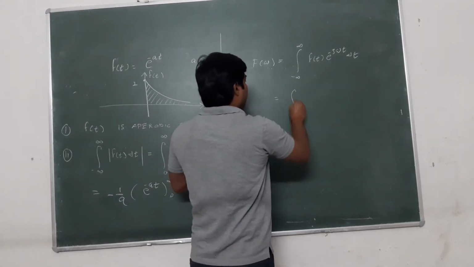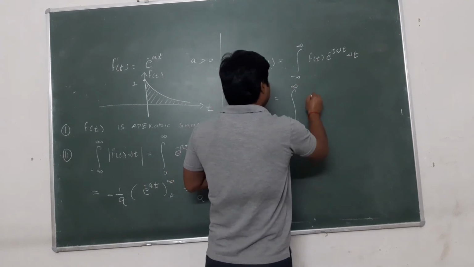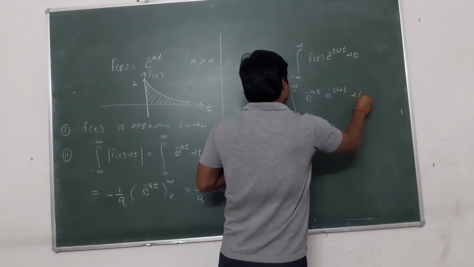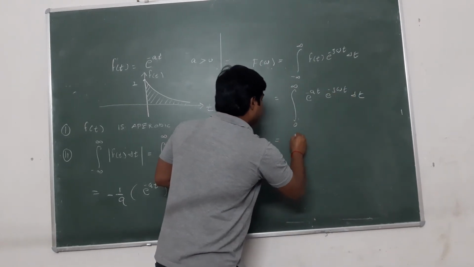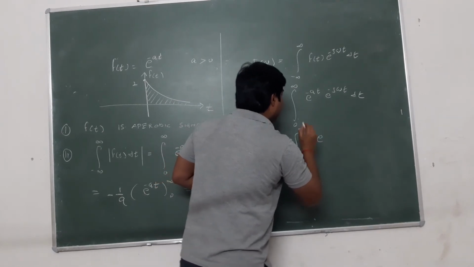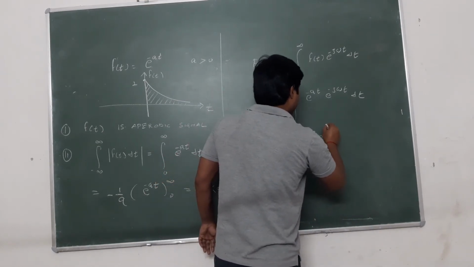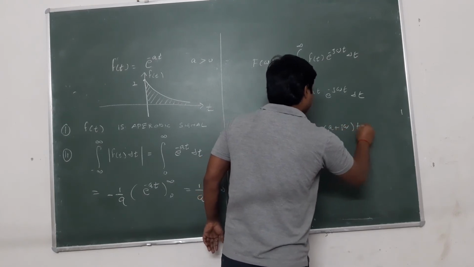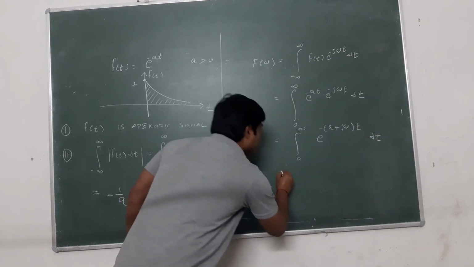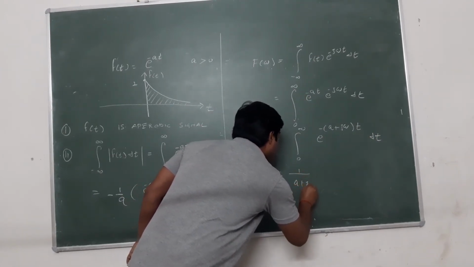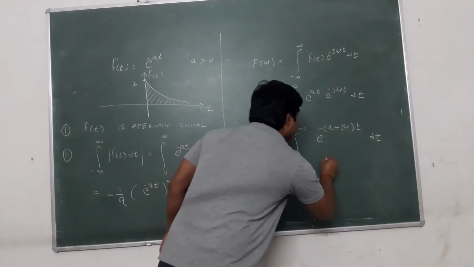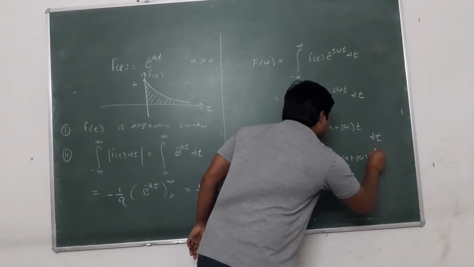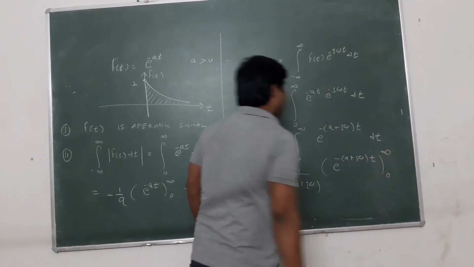So the integral from 0 to infinity of e to the power minus at times e to the power minus j omega t dt, which is the integral of e to the power minus (a plus j omega) t dt, which gives 1 upon a plus j omega times minus e to the power minus (a plus j omega) t, limits 0 to infinity.